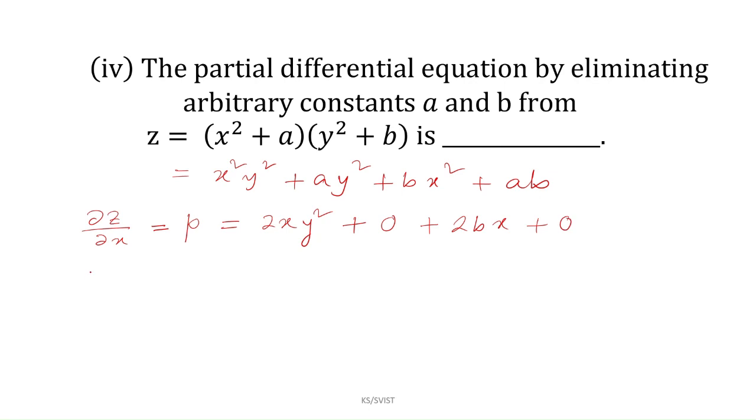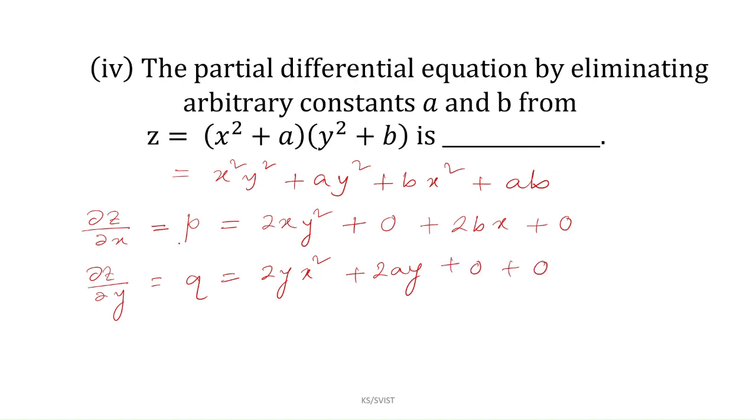Next, let us find the partial derivative ∂z/∂y, that is q. So here it is 2yx² + 2ay + 0 + 0.